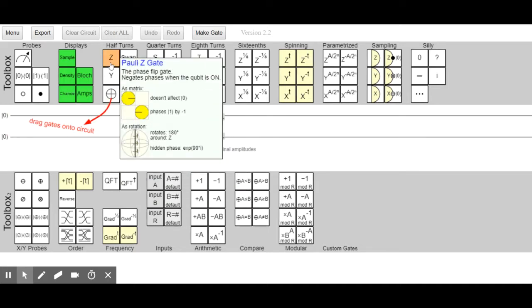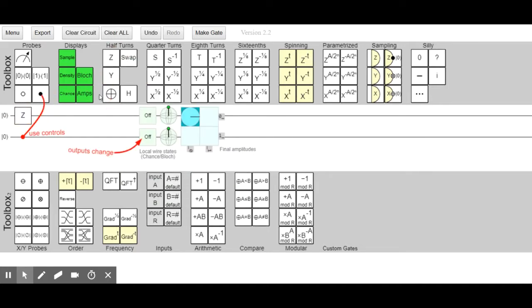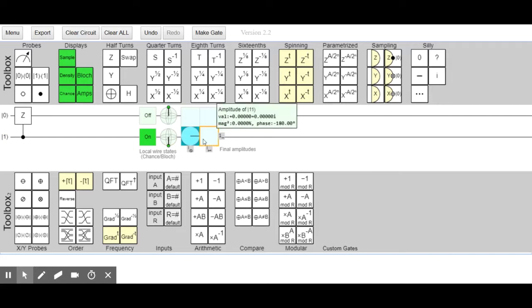So what a control Z does is here nothing, right, because it's 0 0, and if it's like that, it also does nothing, and if we bring that back to 0, it also does nothing. What I mean is, to the phase, right? Obviously, because I just put a 1 here, now the state changed to 1 0, but only in this case the phase is flipped, right, to like 180 degrees.